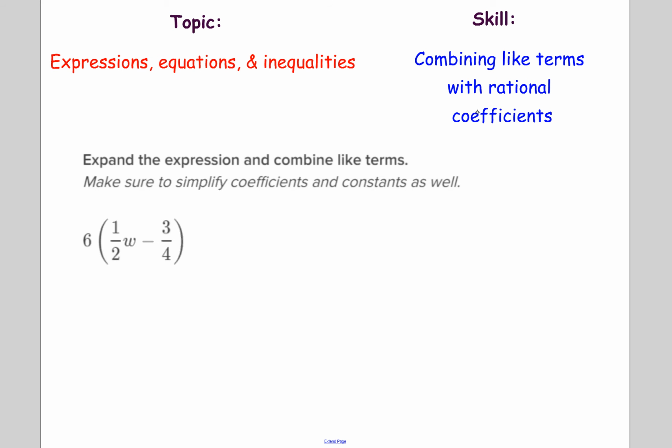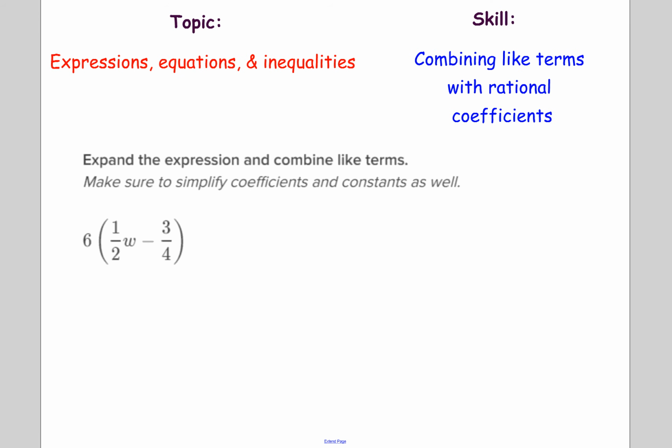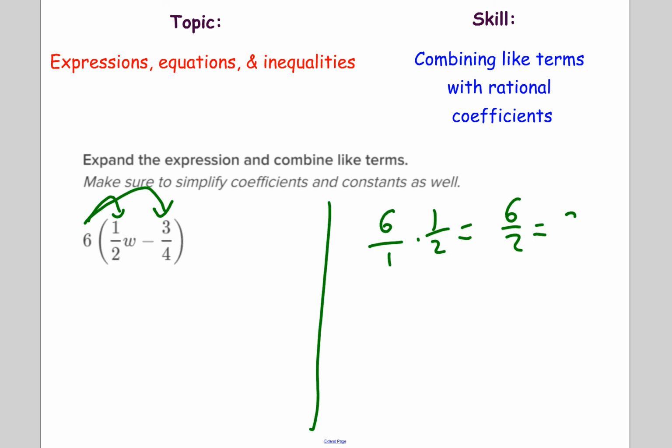Expand the expression, combining like terms of rational coefficients. This one has the distributive property, right? So we would start by doing 6 times 1/2 w and 6 times negative 3/4. So neat work here, scrap work here. 6 over 1 times 1/2 would be 6 over 2, which is 3.